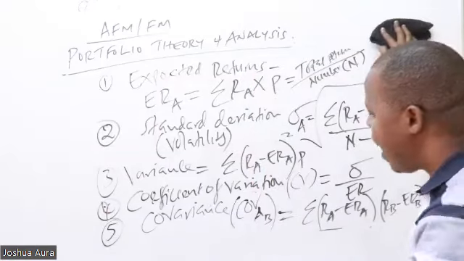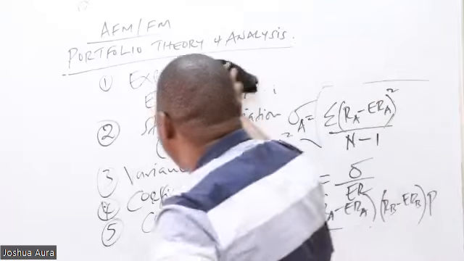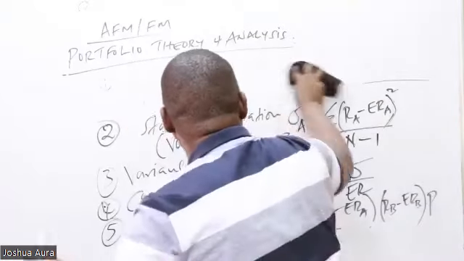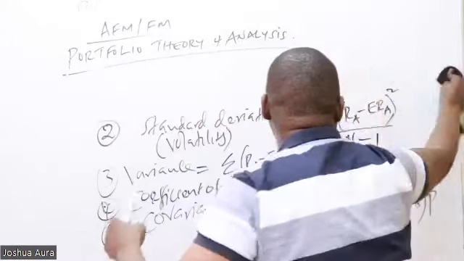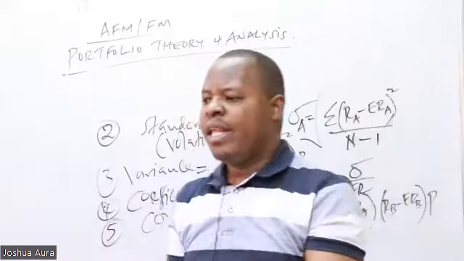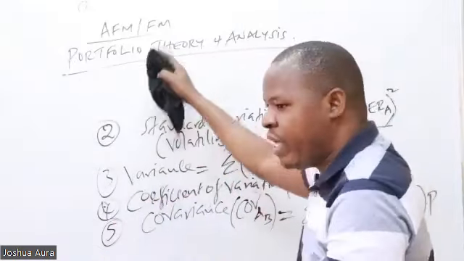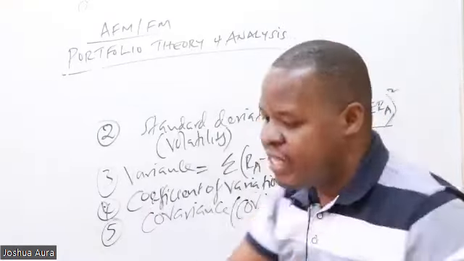I hope you guys have noted down something. In fact, you will be able to know where the areas to revise are under this topic, provided you have these items.